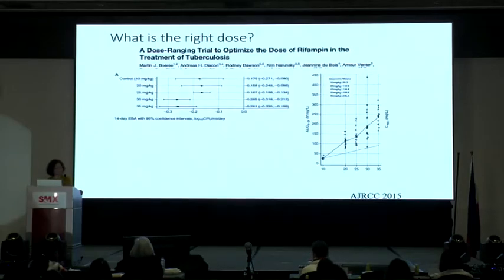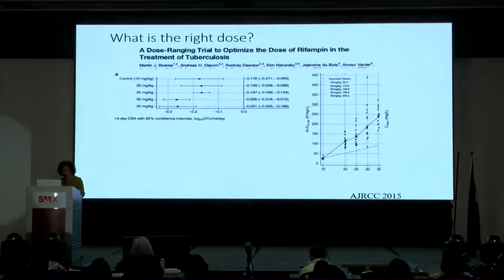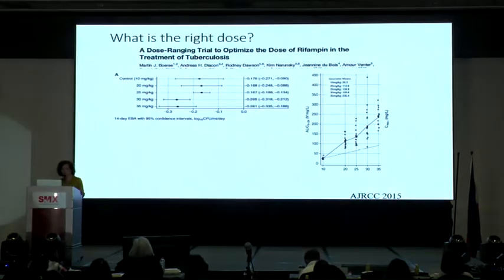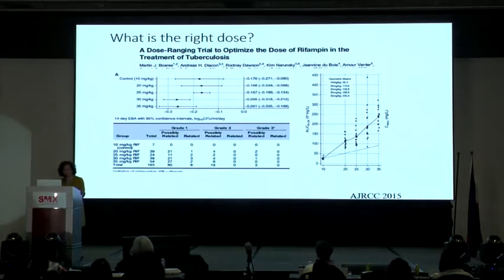So what is the right dose? Several trials have shown that up to 35 milligrams has been effective and was well tolerated. So the verdict is not yet out as to what is the right dose for rifampicin, but WHO is working on changing the recommendation.